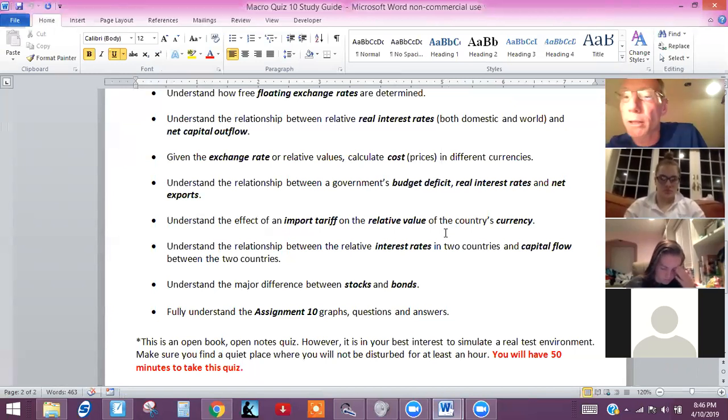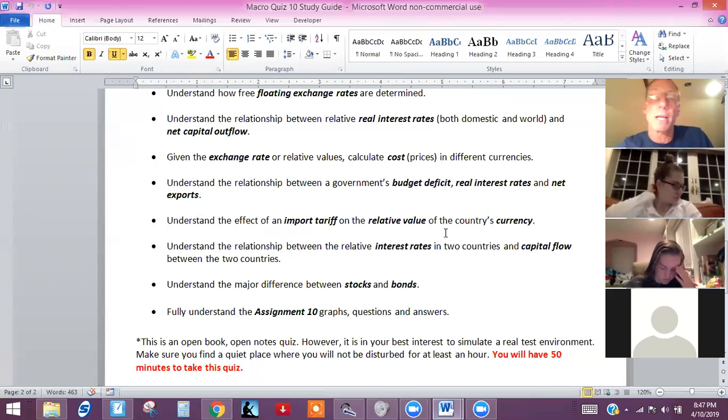I'm just trying to think this through using common sense, right? If we buy less, it means we're going to supply fewer dollars on the foreign exchange market because there's a tax that makes us not want to buy it. It's too expensive, right?